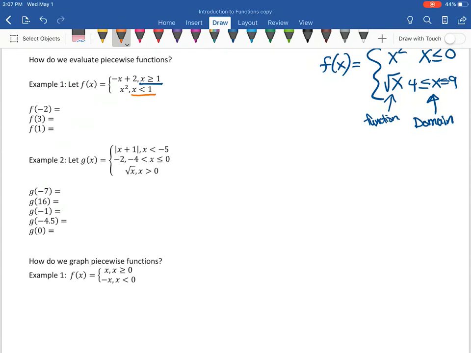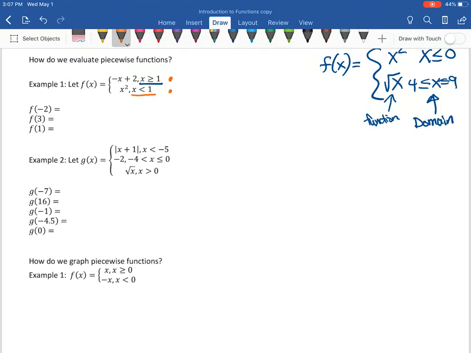So if I ask you to evaluate f of negative 2, we want to look to see what the y value is when x is negative 2. So I need to look to see which piece negative 2 lies on. Does it lie on this piece here when x is greater than or equal to 1?